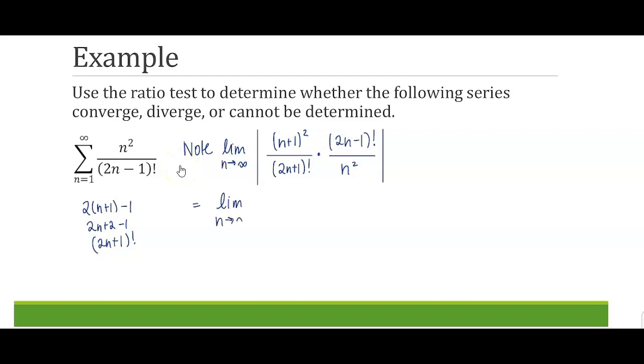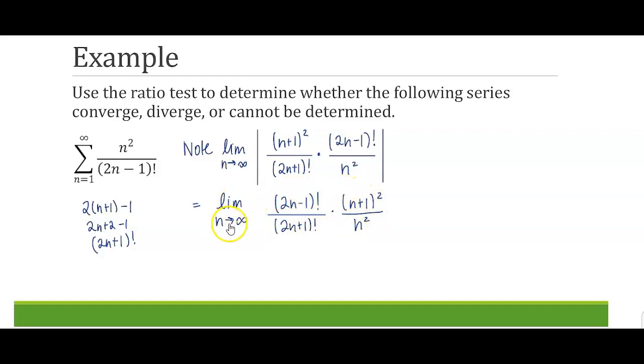So the limit as n approaches infinity, I will drop the absolute value bars. So I'm going to have 2n minus 1 factorial over 2n plus 1 factorial times n plus 1 squared over n squared. Everything was positive, so we dropped those and then we just switched these two around.